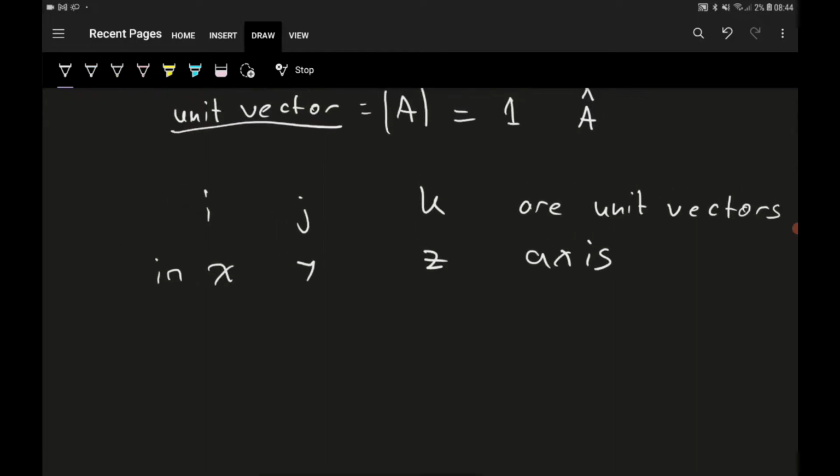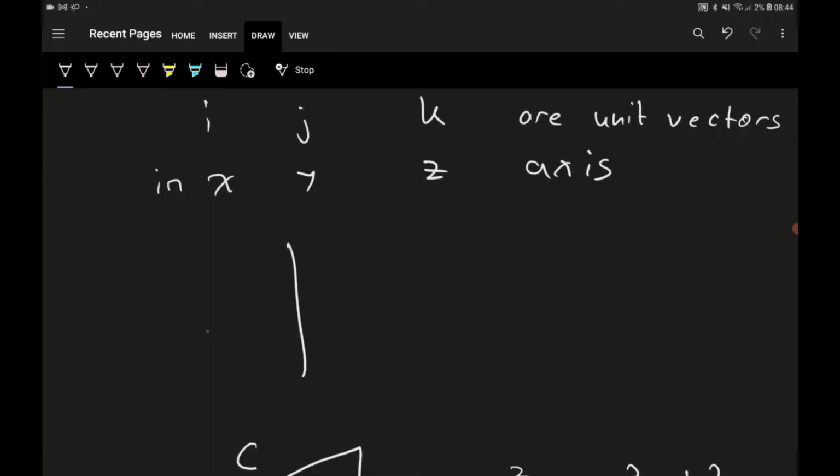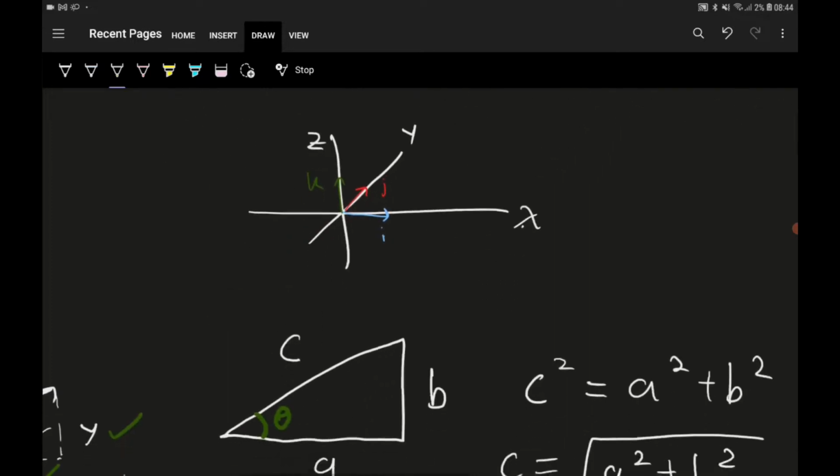So that's simply what IJK is. So instead of just saying x, y, and z, what we could say is here's your I direction, that's your J direction, and that's your K direction.